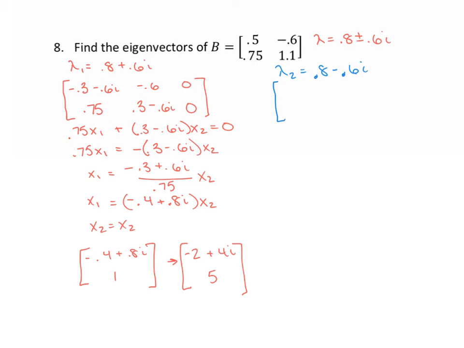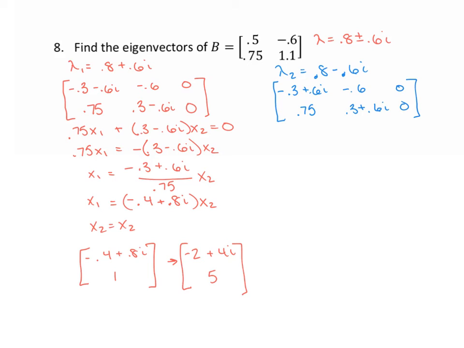So if we take this second eigenvalue, the setup is going to look really similar. I'm going to have negative 0.3 this time plus 0.6i, and then negative 0.6, 0.75, and 0.3 plus 0.6i. Don't want to forget my zeros again.